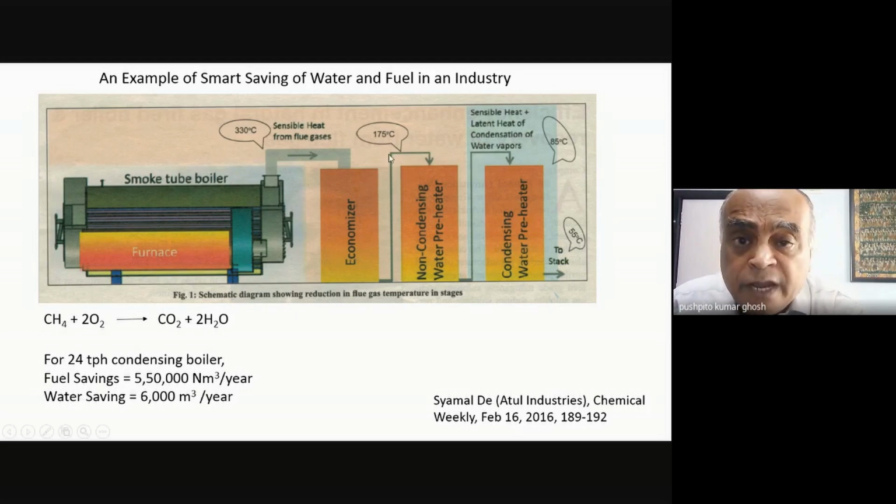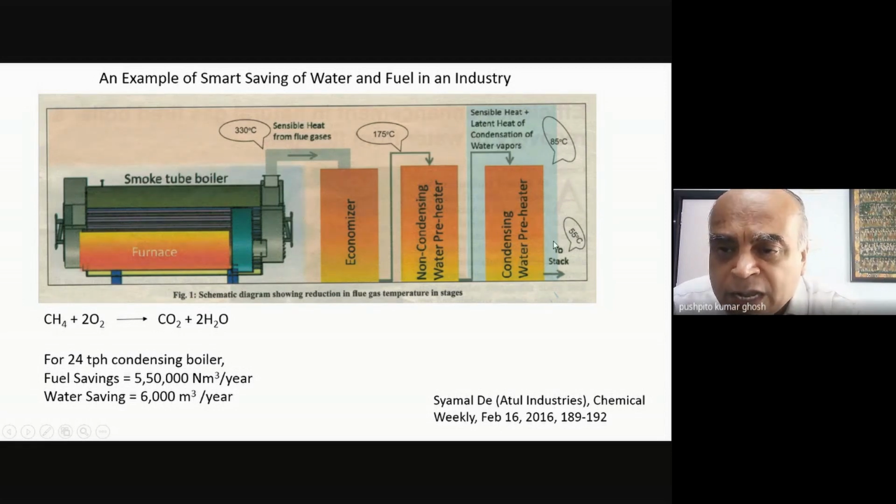You can even cool it down further. Normally people would come down to a flue gas temperature of around 85-90 degrees centigrade through these steps. But if you're smart, you can cool it down further through what is known as a condensing boiler.